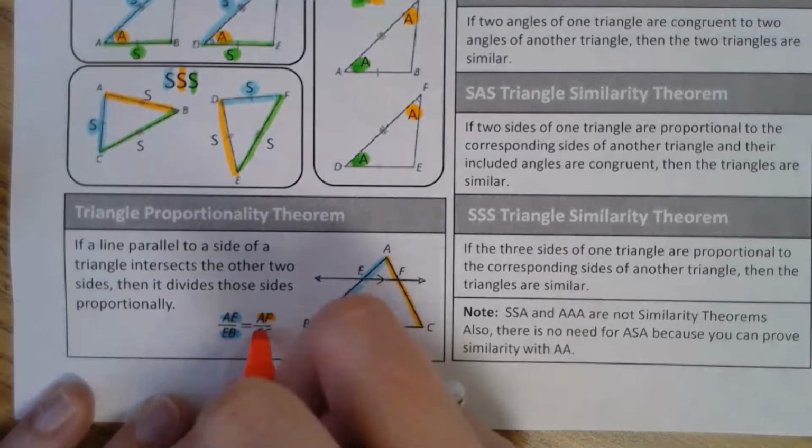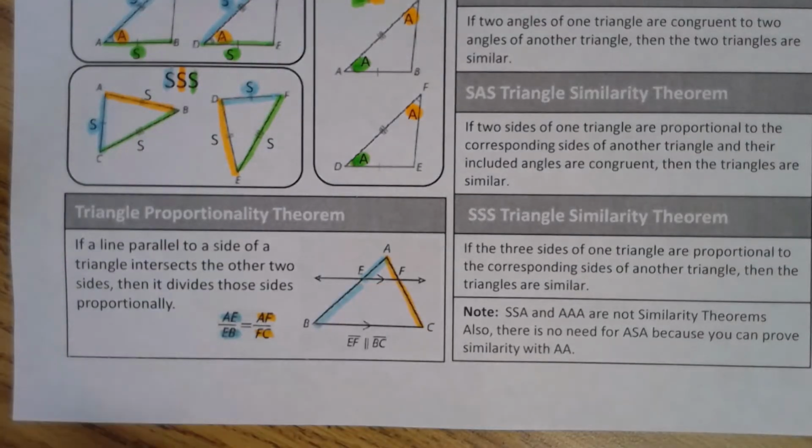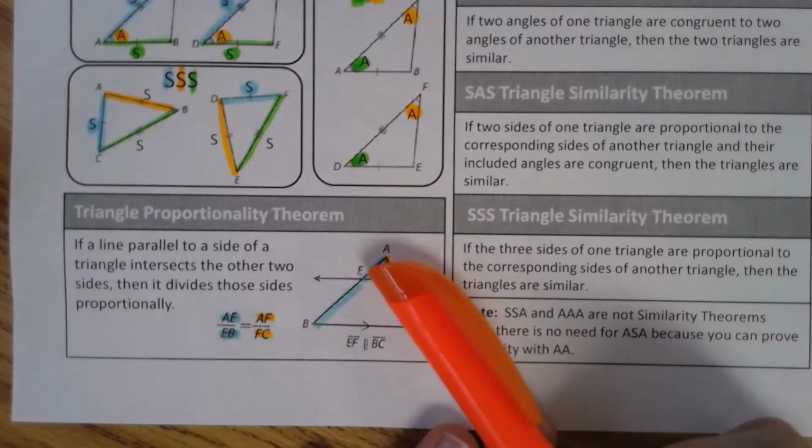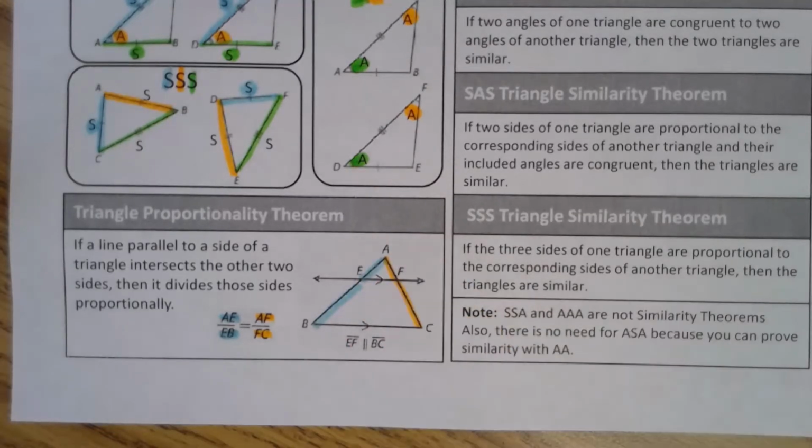So AF and FC. So instead of having corresponding pieces of 2 different triangles within the triangle, those pieces are proportional.